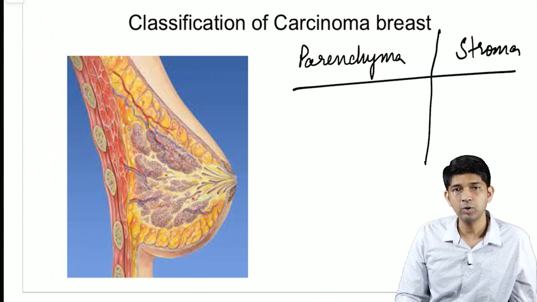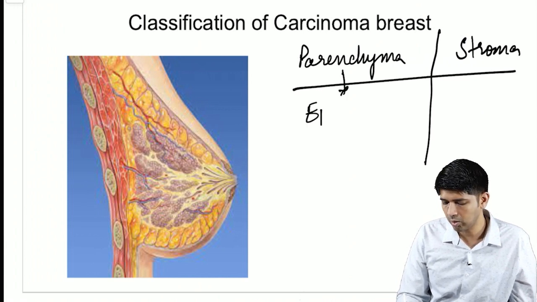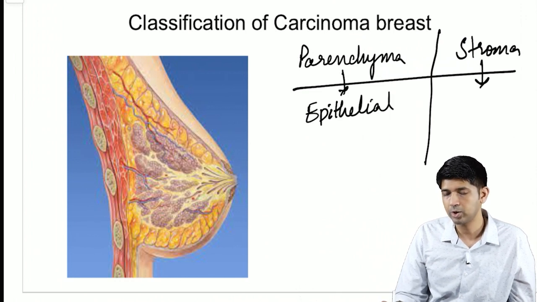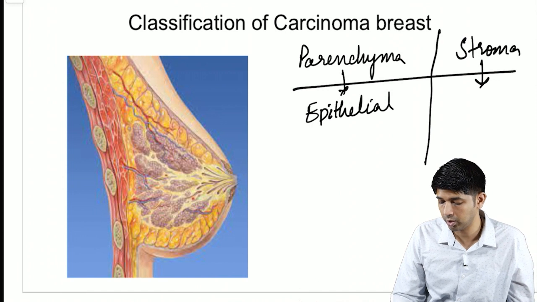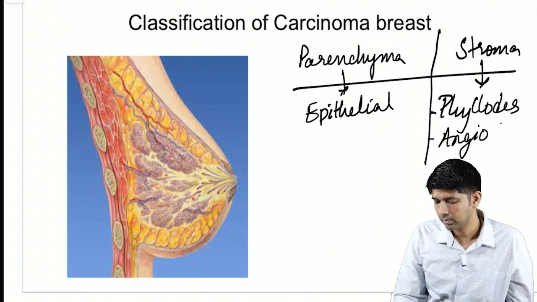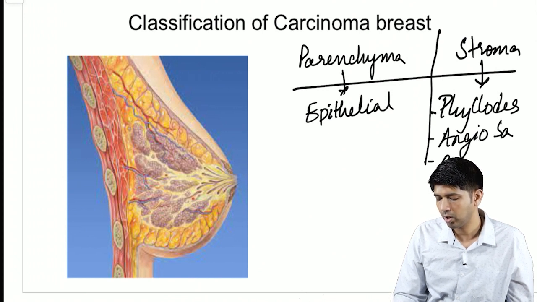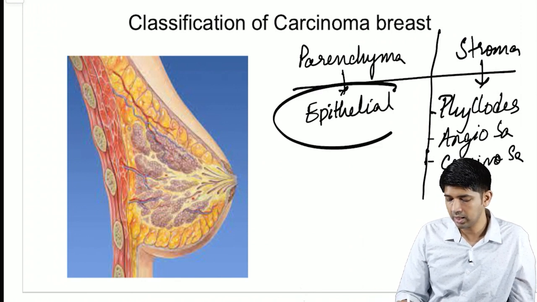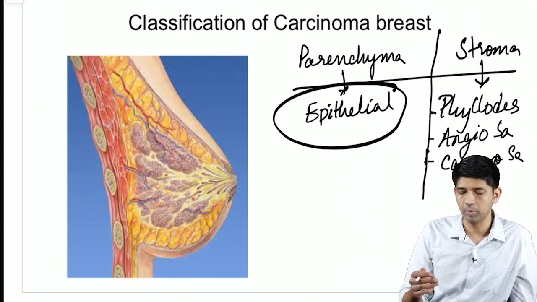Carcinomas arising from the parenchyma are also called epithelial tumors, and those arising from the stroma are the connective tissue tumors. So here you can have phyllodes, angiosarcoma or carcinosarcoma. Okay, but we are more interested in the epithelial tumors because this is more common.